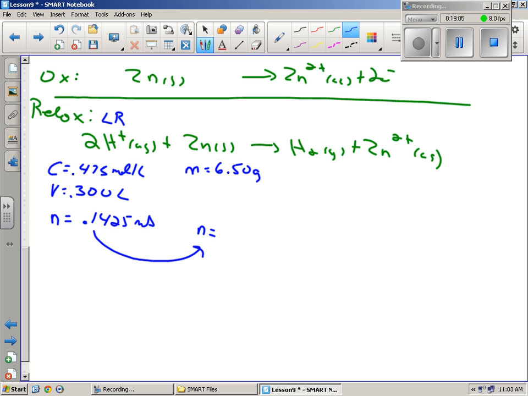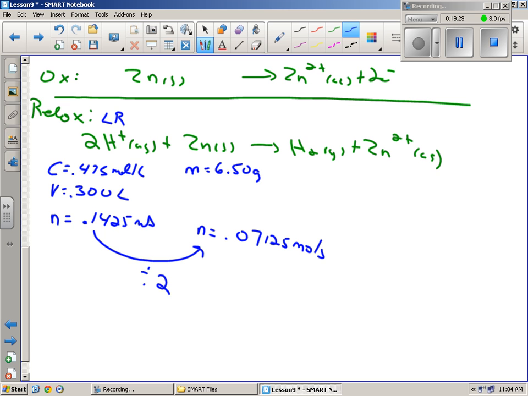So if I use all this up, I would use 0.07125 moles of zinc. How do I know that? Because if I had 2 moles of acid, it would react with 1 mole of zinc. Well, I don't have 2 moles, I have 0.1425 moles, so that reacts with 0.07125 moles here, correct?